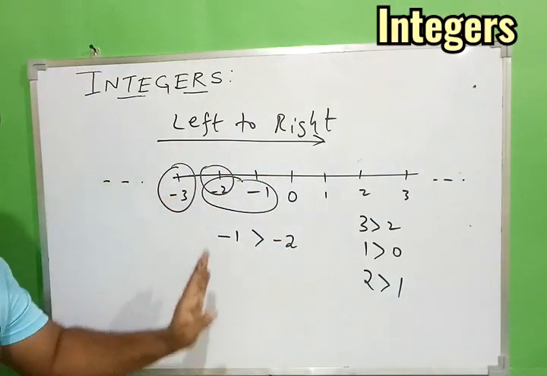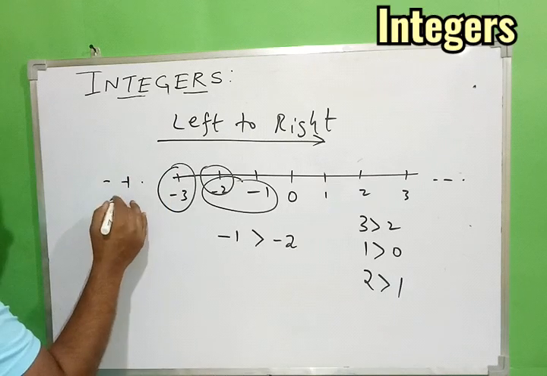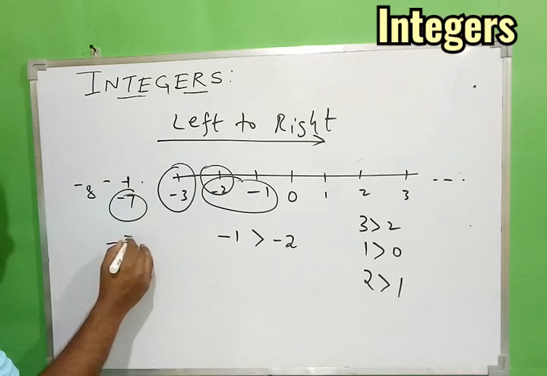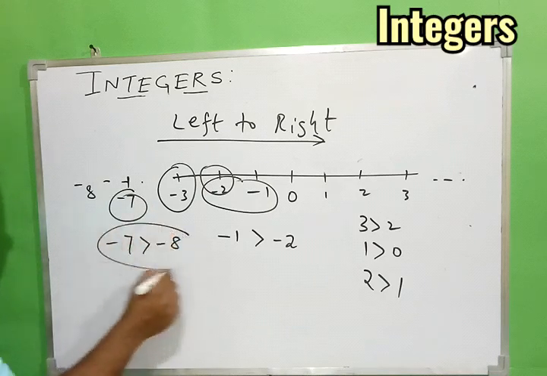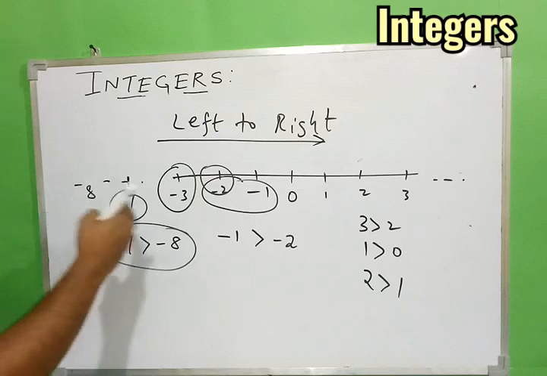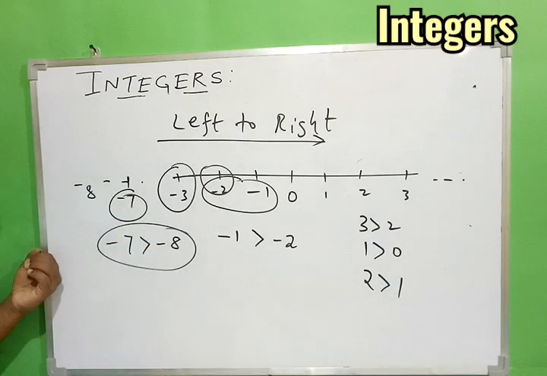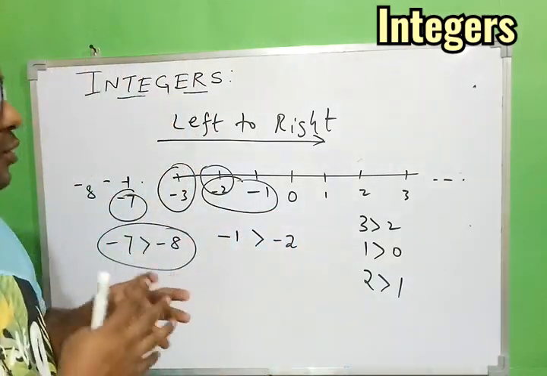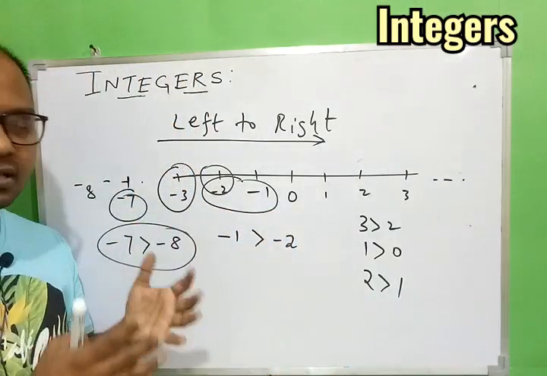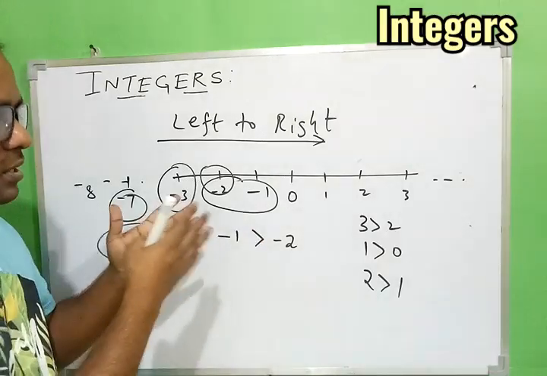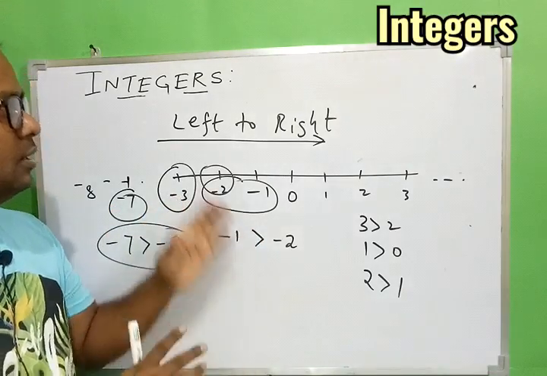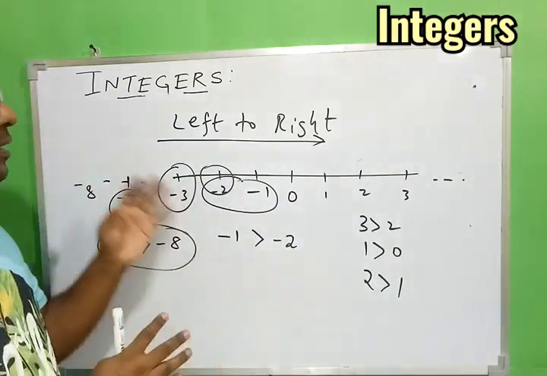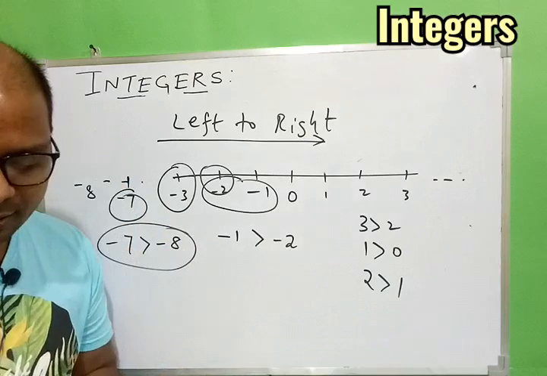That is always what we have to remember. So even if I write -7, -8, you understood -7 will be greater than -8. Why? Because -7 is on the right hand side, -8 is on the left hand side. I hope the picture of the number line is very clear. You are able to differentiate the positive and negative integers. You are able to compare which number will be greater than the other. So always remember, left to right, the number always increases, whether it is positive or negative numbers. Okay.